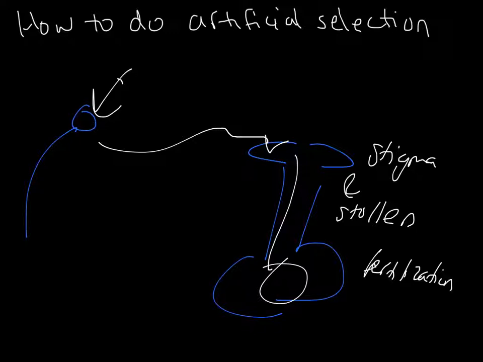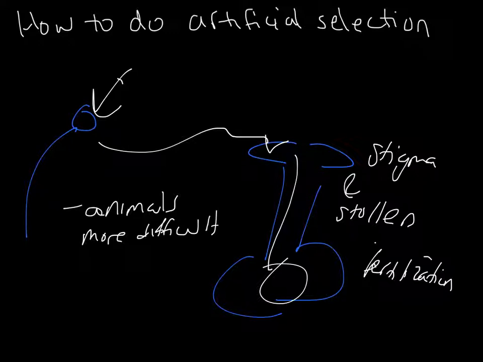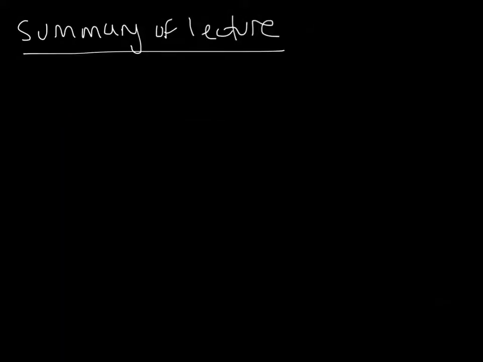Artificial selection for plants is really easy. It's easy to just grab and choose and select and pick. It's a lot harder with animals. I'll talk about some of the examples of why that is so difficult, one of them being pandas, which is one of the issues that has to do with artificial selection.